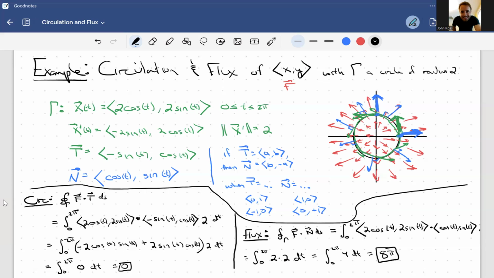And so under that interpretation, there's actually a great amount of fluid that is moving across this boundary, and the flux is the integral that captures that. So when we get an integral of 8 pi, that is telling us that a certain amount of fluid is flowing across the boundary of this region from the inside to the outside, and we see that in the red arrows here.